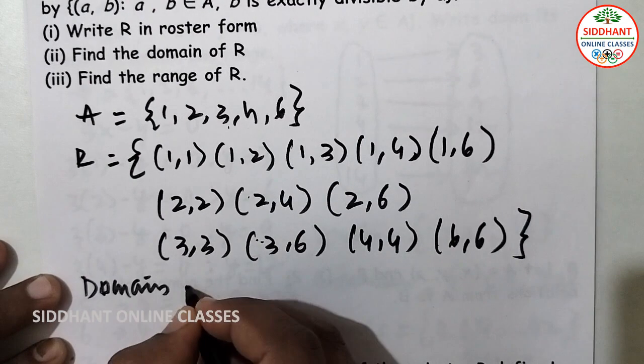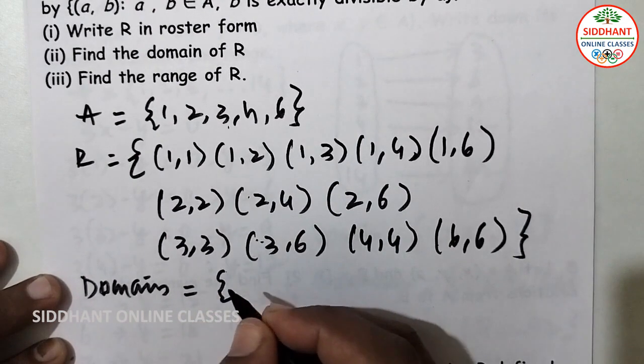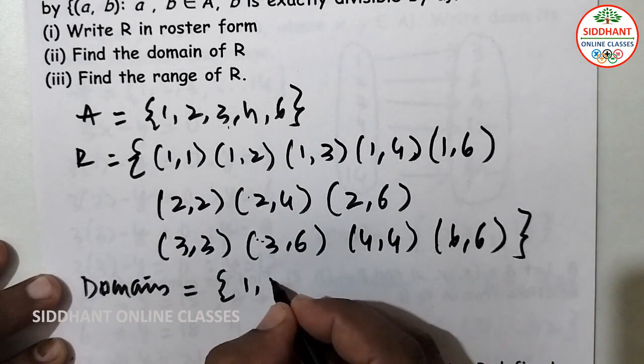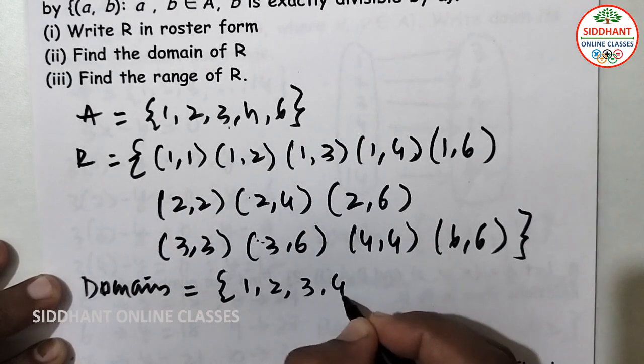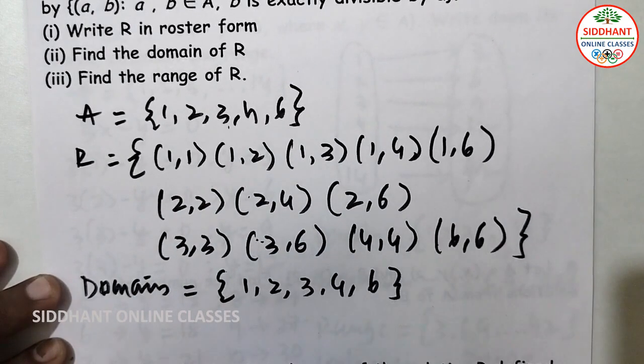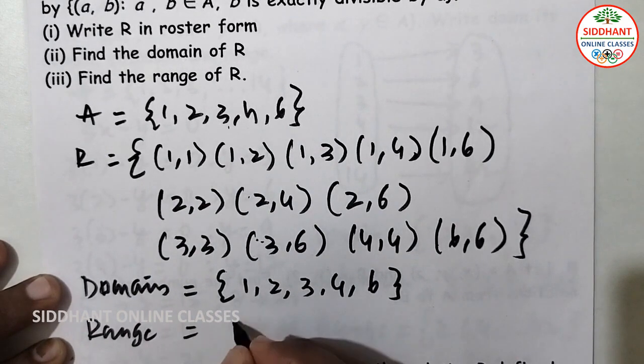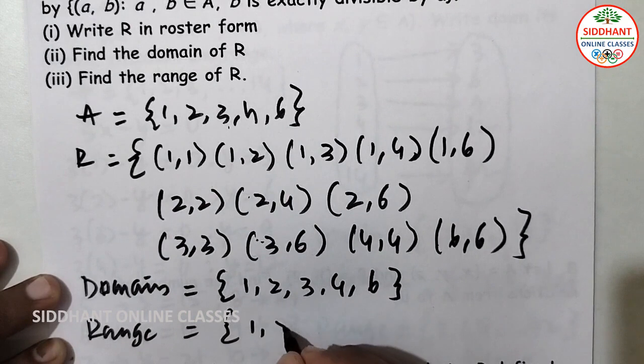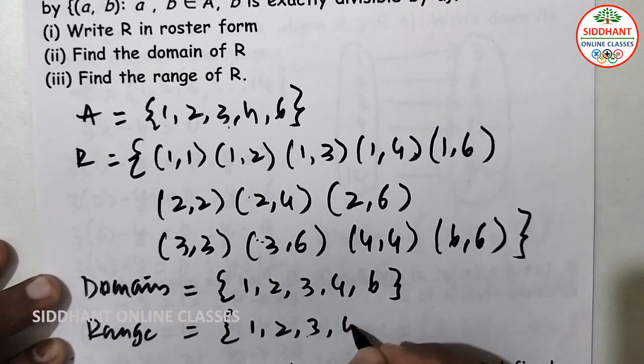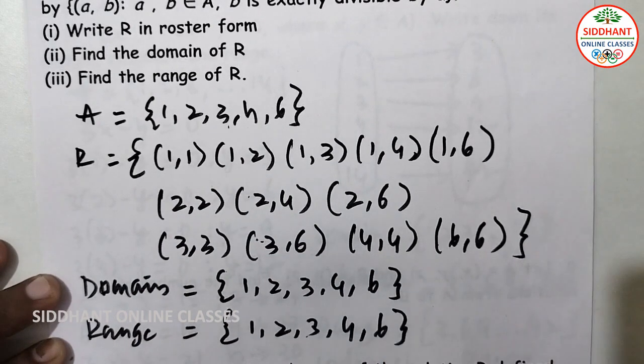The domain will be 1, 2, 3, 4 and 6, and the range will be 1, 2, 3, 4 and 6 here.